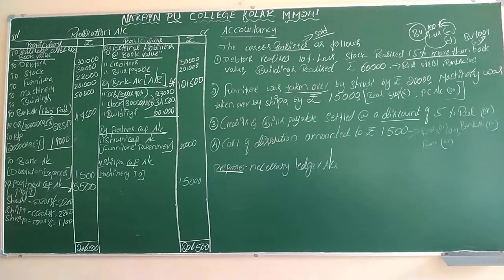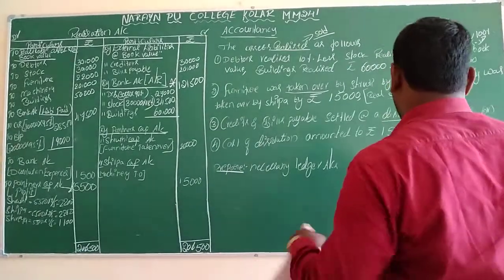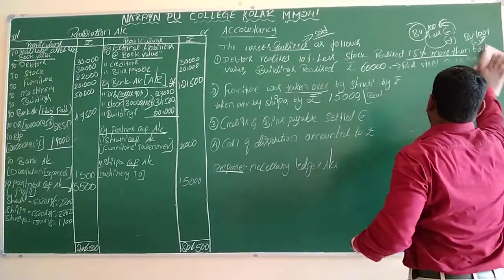Let's move to the preparation of the second account, that is the partners capital account. Let's draw columns for the second account.